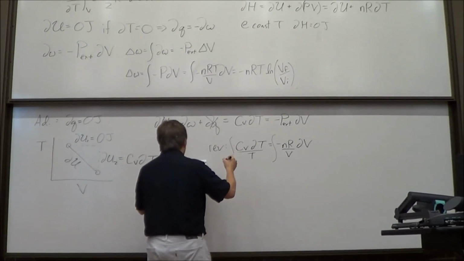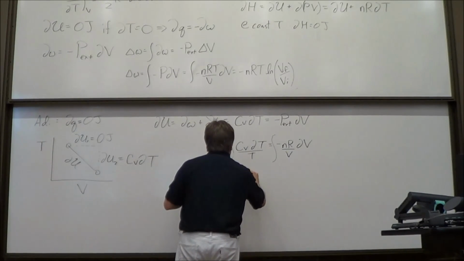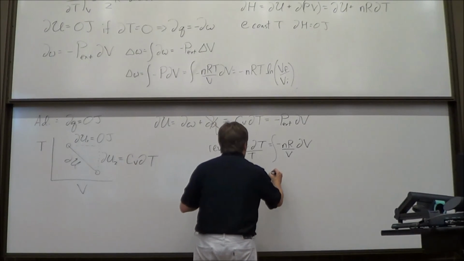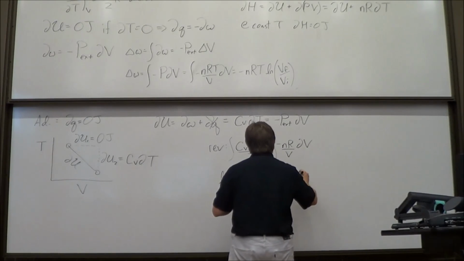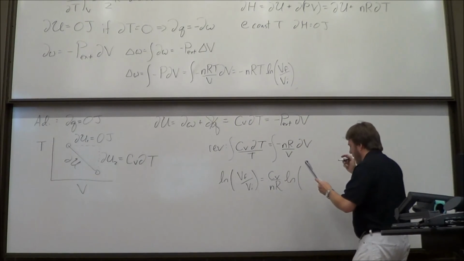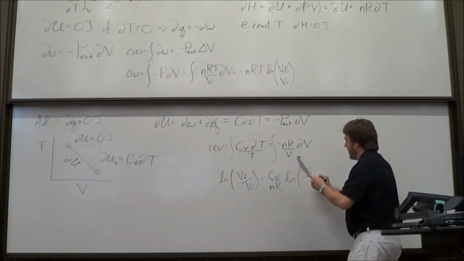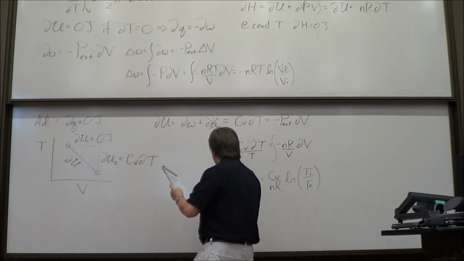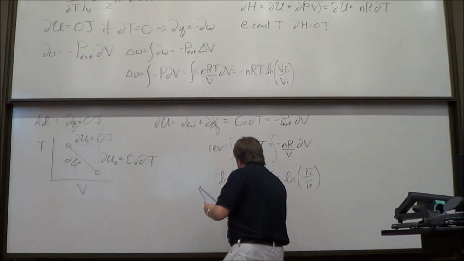What I end up with is, I'm going to skip some steps here because I've already done this, and you even had a handout on it, and I've already absorbed the minus sign. You don't have to remember this, it's on the cheat sheet, but I remember that the T's and V's are always flipped with respect to each other. And therefore, again, I'm just going to skip some steps.